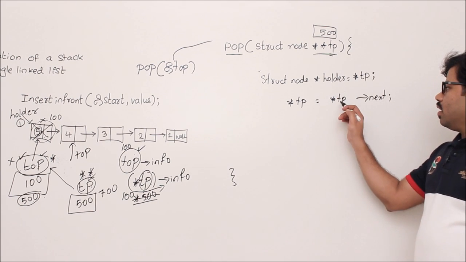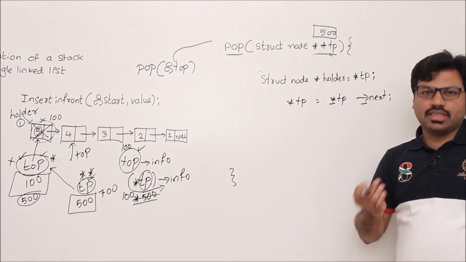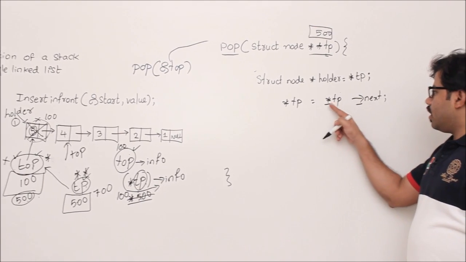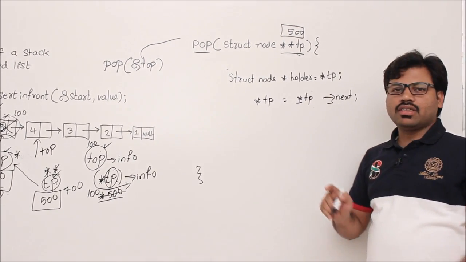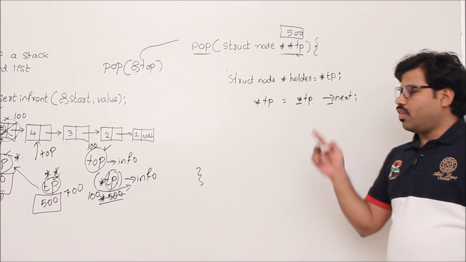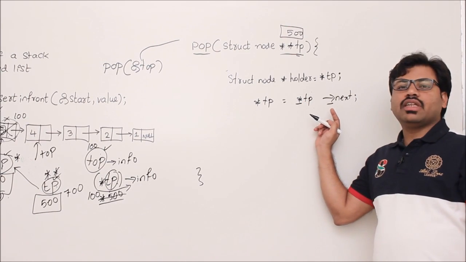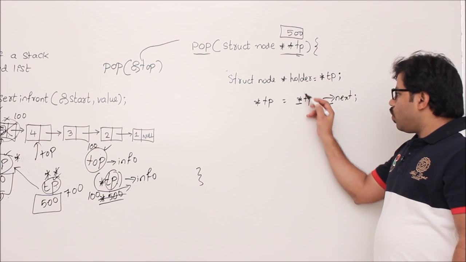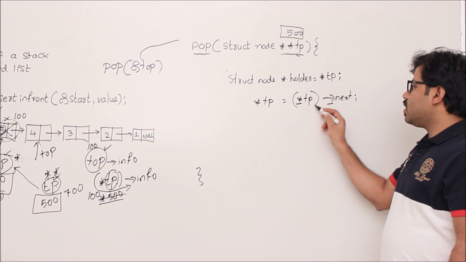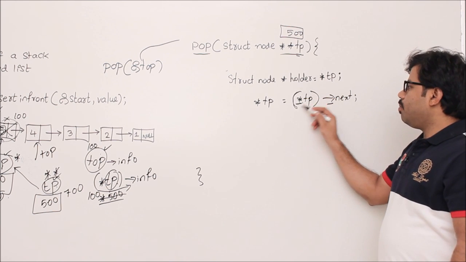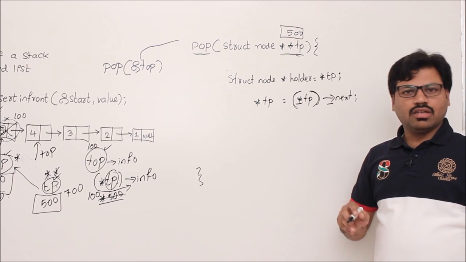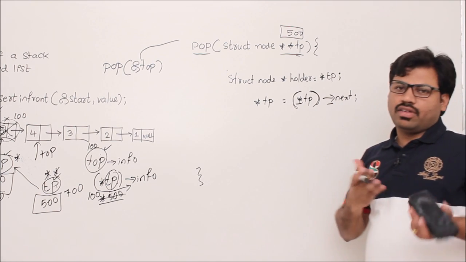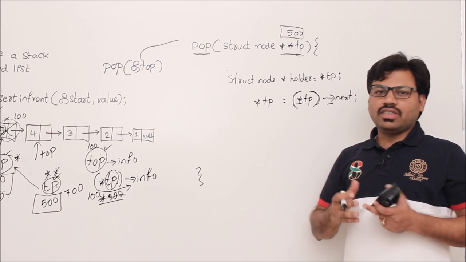In C, star and arrow have the same precedence. When there are two operators of the same precedence, associativity matters. The associativity of star and arrow is left to right. So even if you don't keep the brace, this will automatically get importance. That's why it will be like *TP->next. Braces are not compulsory, but keeping braces is always safer.